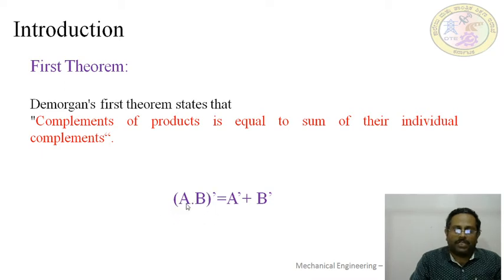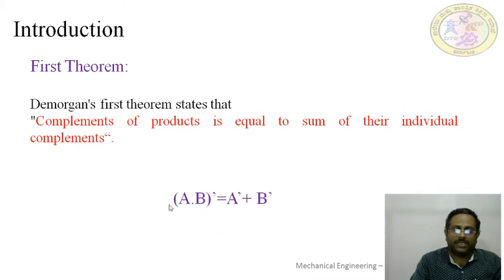And this De Morgan's first theorem can also be stated as: the two variables A and B NANDed together is the same as the two variables A and B individually complemented and then ORed.